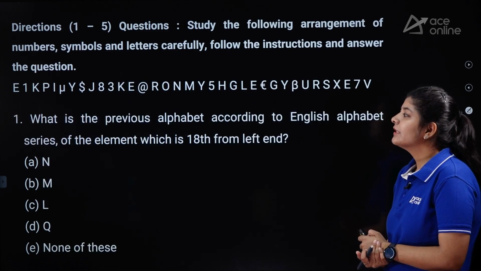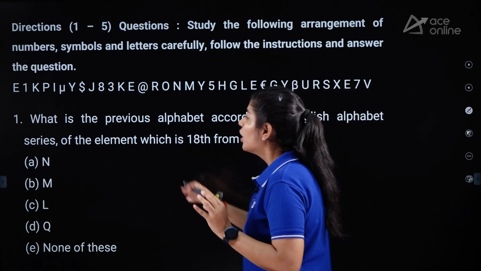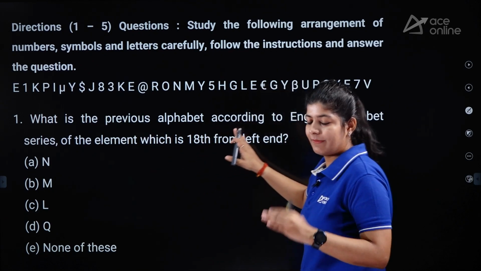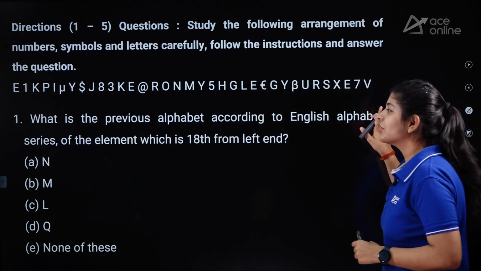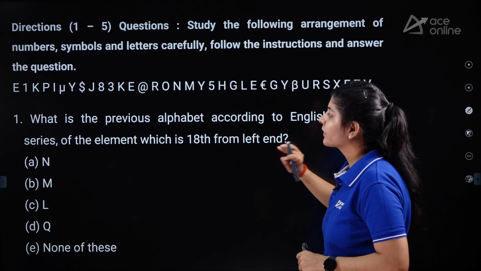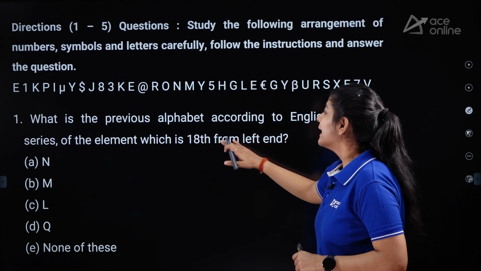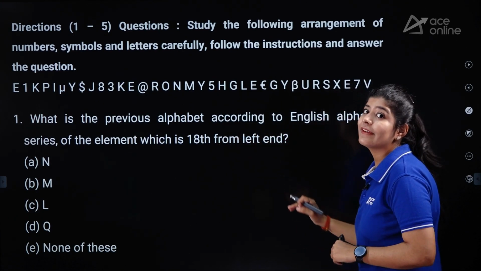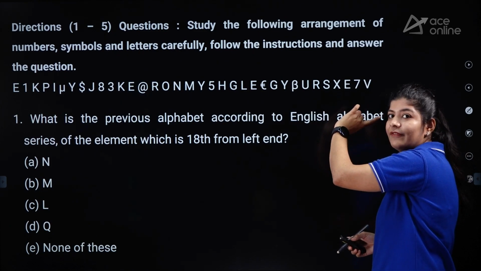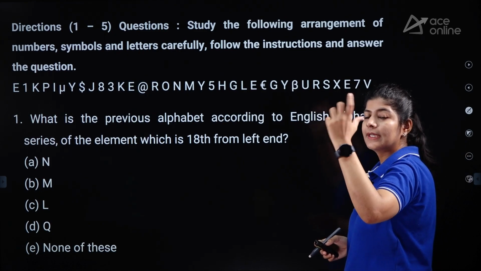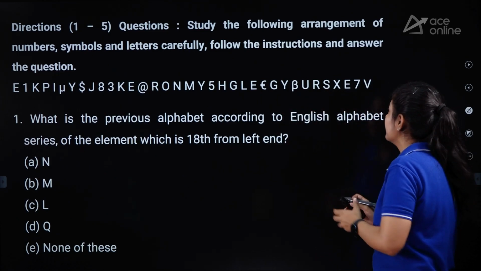Okay, so let's start with the very first question, and the question says: what is the previous alphabet, that means immediate left, according to the English alphabet series of the element which is 18th from the left end. So first we have to identify the 18th element from the left end.